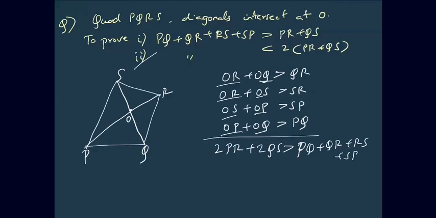So I hope this is clear. So let us just move on to the next question. There is a triangle ABC and O is an interior point in this triangle.